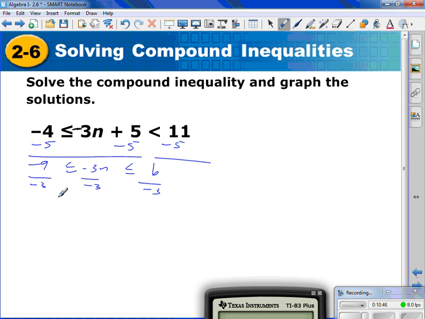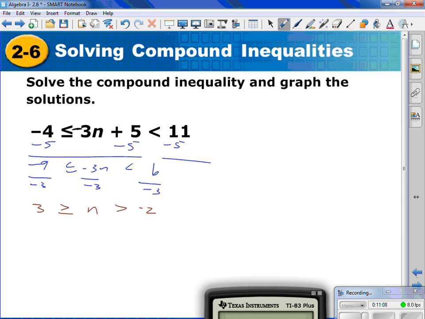Now, I get 3, this flips, and this flips. I know, I made a mistake when I was going too quick. That happens. Negative 2. What happened is, when I divided by a negative, those symbols flipped.